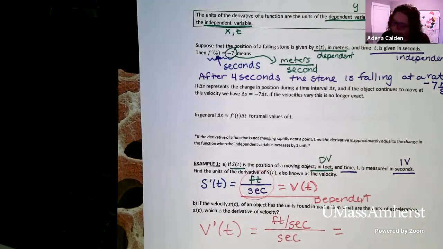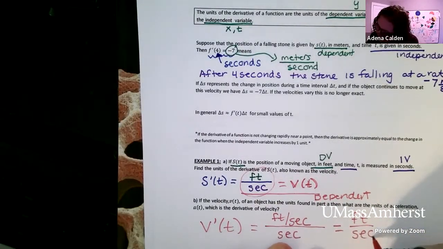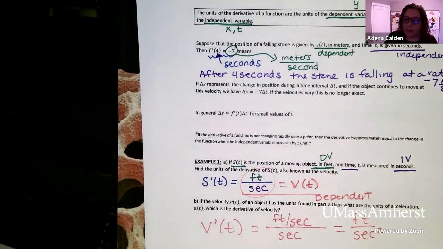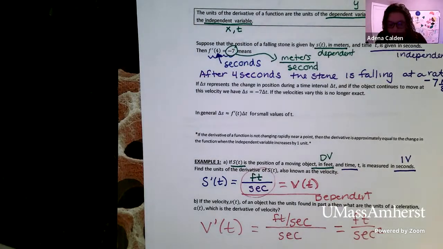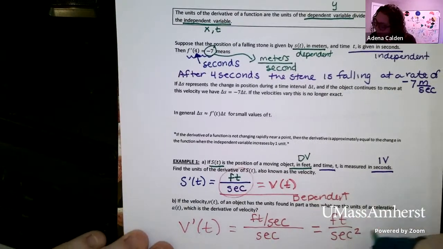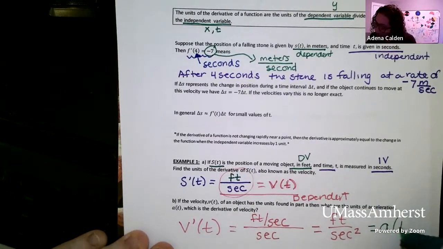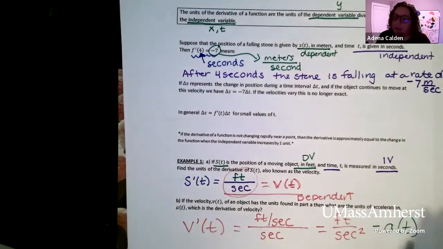If you have feet per second divided by seconds, that's the same thing as feet per second squared. There's two of them on the bottom. So the derivative of velocity is going to have units of feet per second squared. And we are told in the setup here that when we take the derivative, that is known as acceleration. So acceleration is how quickly your rate of change is changing. And the units of acceleration are going to be feet per second squared.